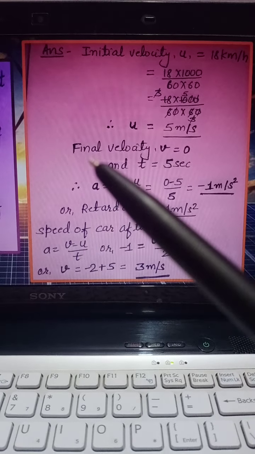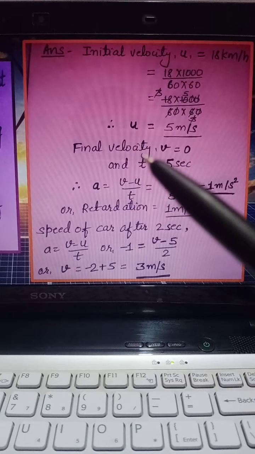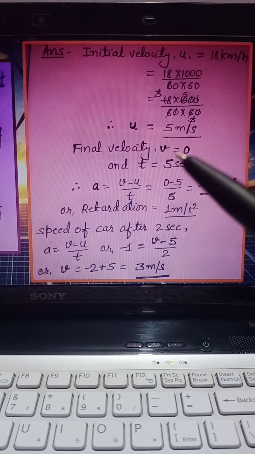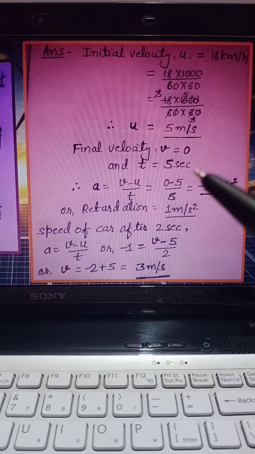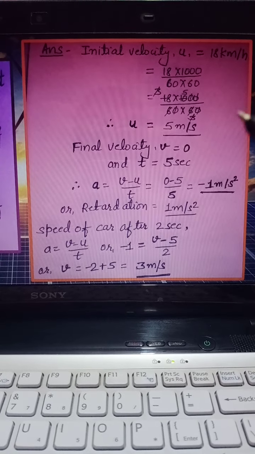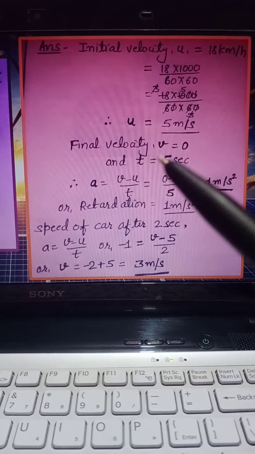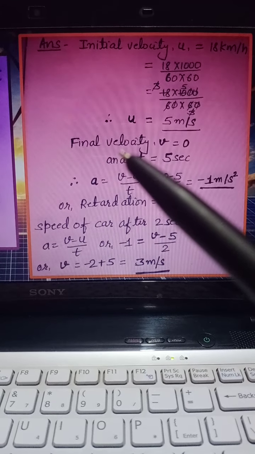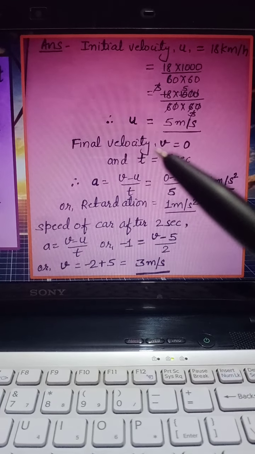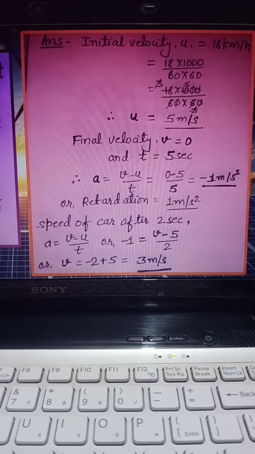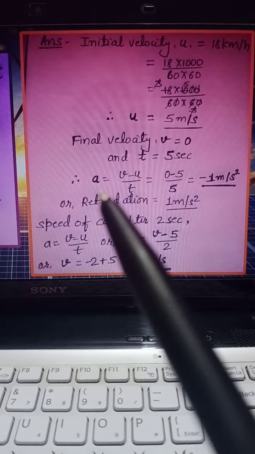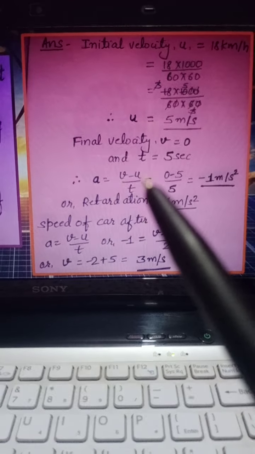And what is given here is that when the brake is applied, the car is going to stop. So it means that its final velocity becomes 0, and the car stops after 5 seconds. So now for this we are going to find out the acceleration by using the formula v minus u by t.